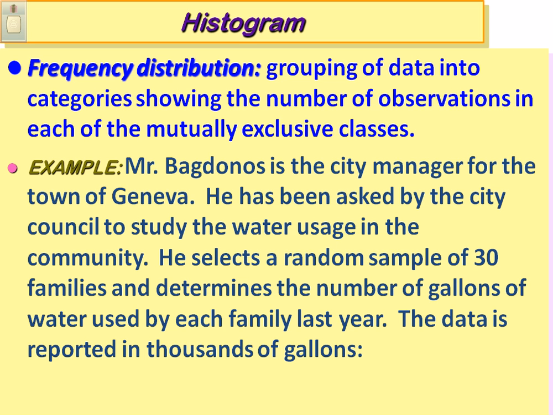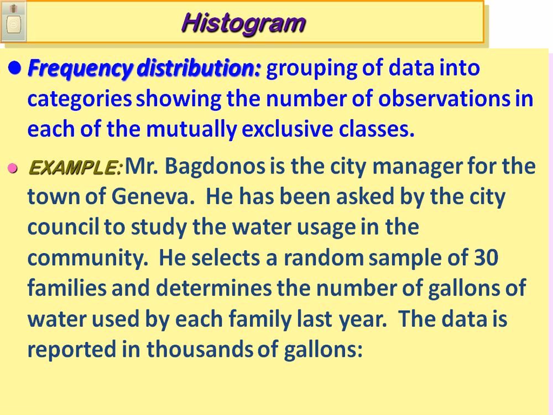Okay, so Mr. Bagdanus is the city manager for the town of Geneva, and he's been asked by the city council to study the water usage in the community. He selects a sample of 30 families. Now 30 is a good number. As you get further into statistics, the further you go up in high school, you do want a sample of at least 30 to be a good representative sample.